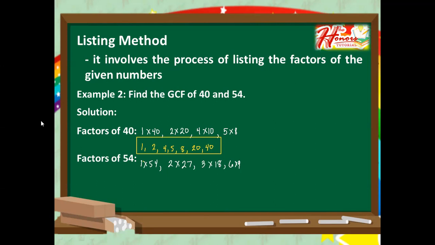So therefore, the factors of this are 1 times 54, 2 times 27, 3 times 18, and 6 times 9. So let's write it in increasing order. Therefore, it will become 1, 2, 3, 6, 9, 18, 27, and 54.